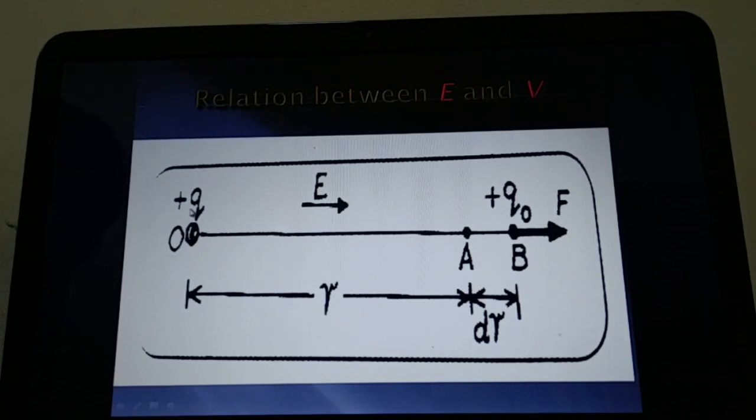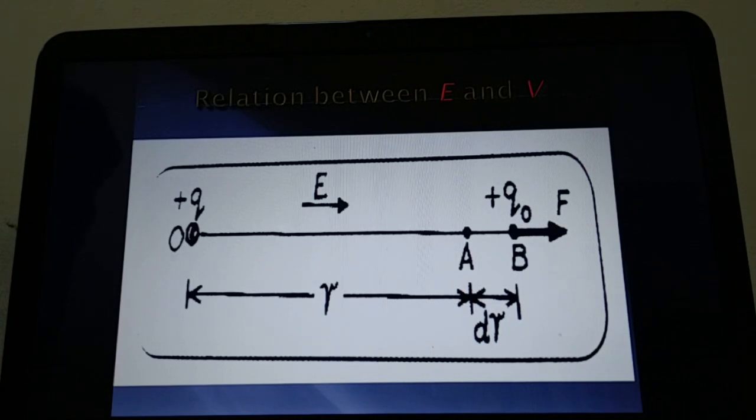At the point B, you are having a charge plus q0.